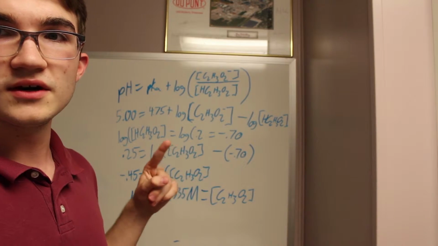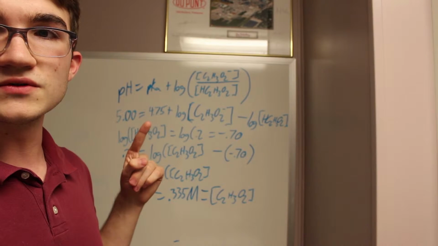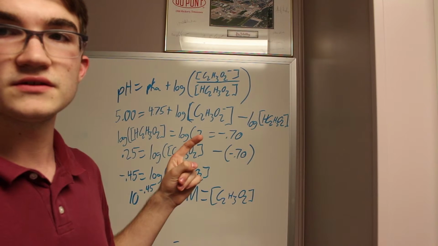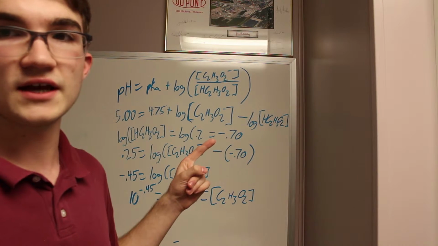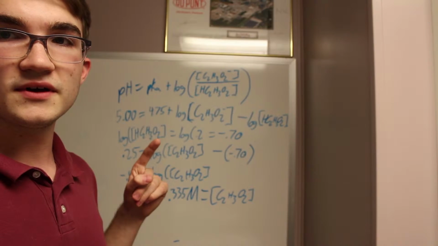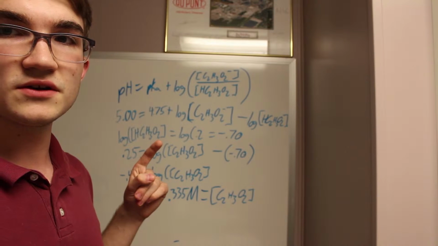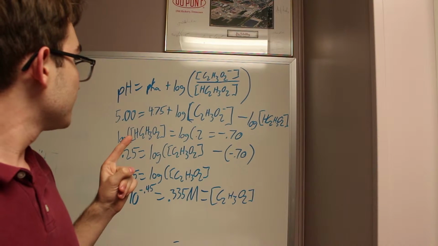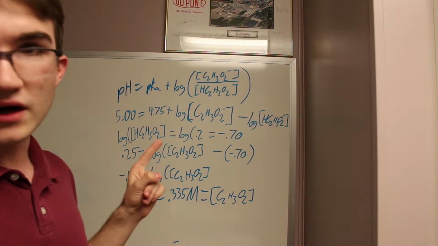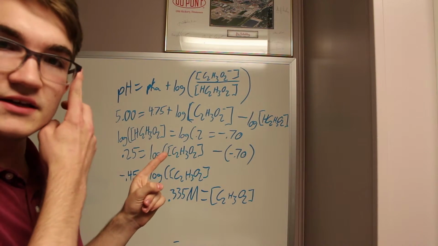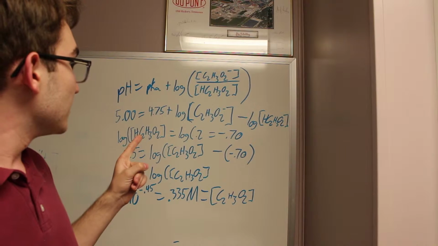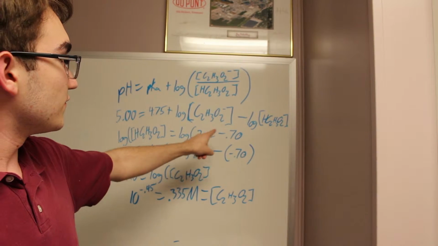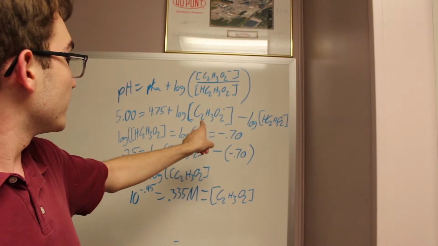So we can do 5 equals 4.75 plus the log of the acetate minus the log of the concentration of the acetic acid. And then by doing so, we can also find what the concentration of the acetate is, because we know that the concentration of the acetic acid is 0.2.